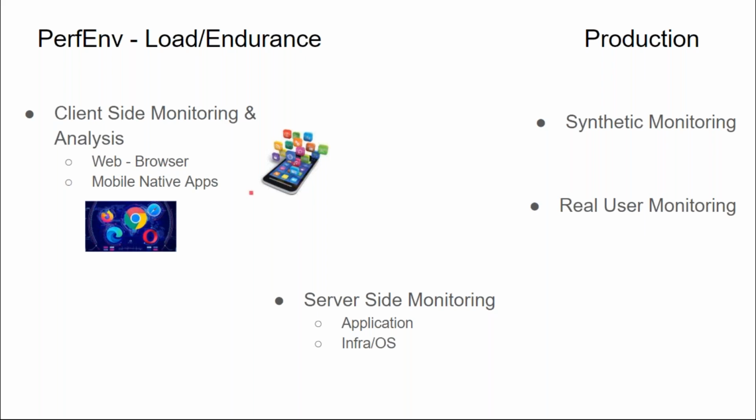Then, as an extension of client side monitoring, we will look into synthetic monitoring using Dynatrace. That is more from a production perspective, measuring availability and response time 24/7 from the production service.